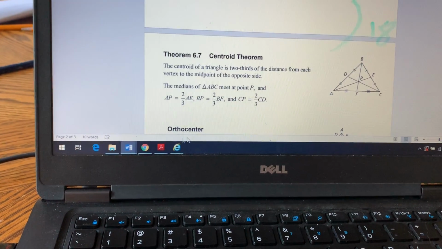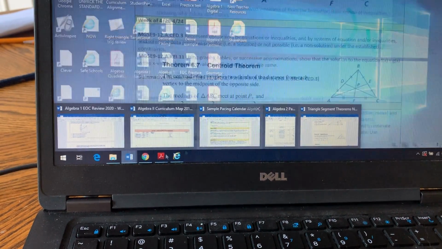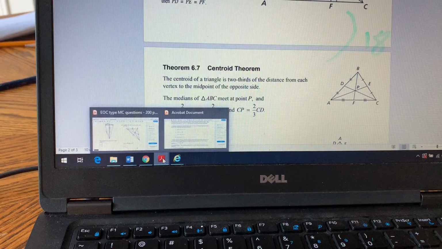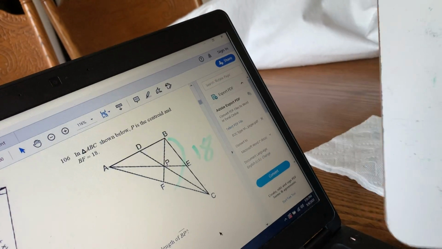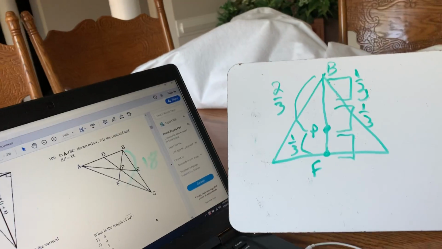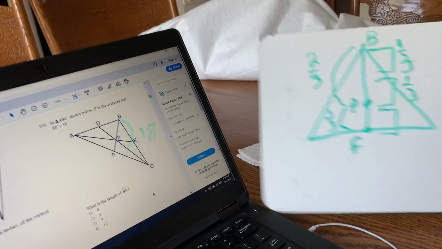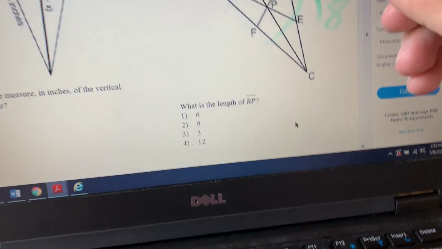So if we go back to our problem, it's our PDF. Okay, so if we try to turn it and match it up, BP is 2/3 of this distance.